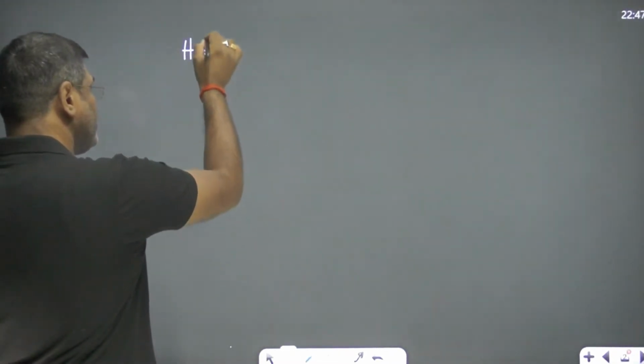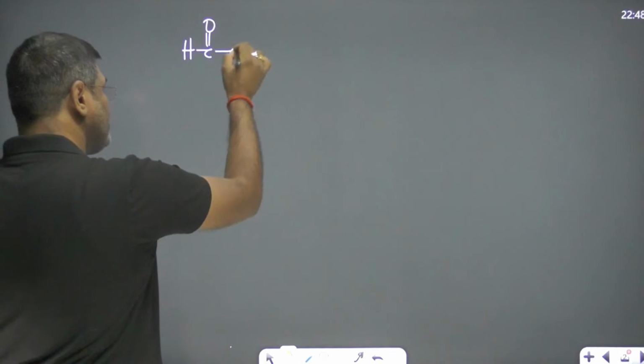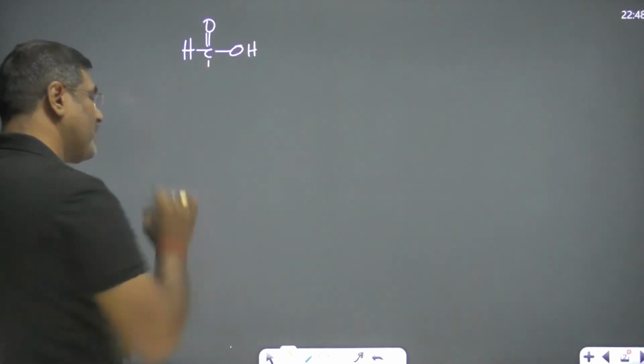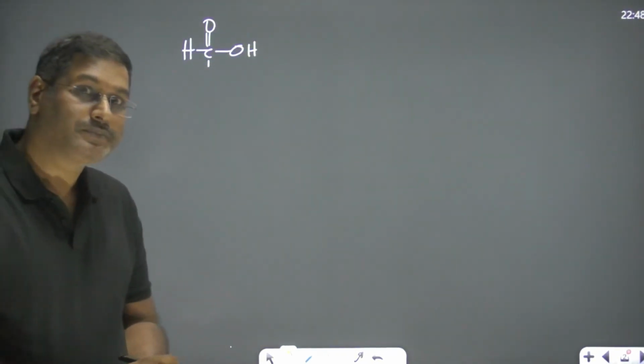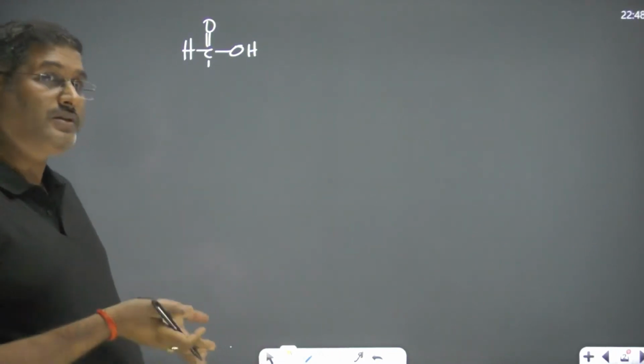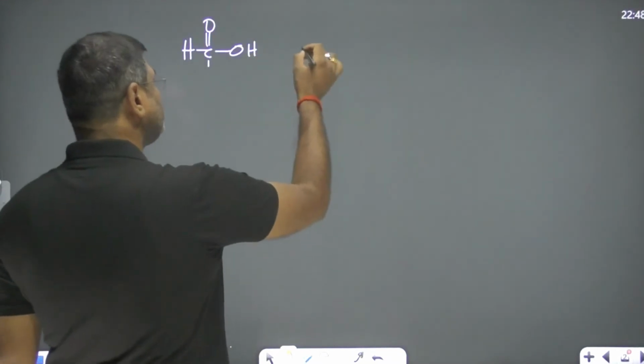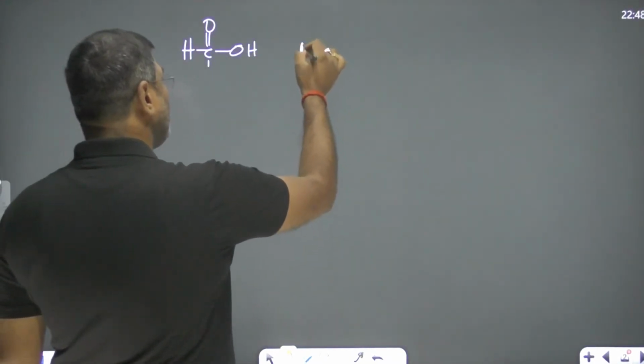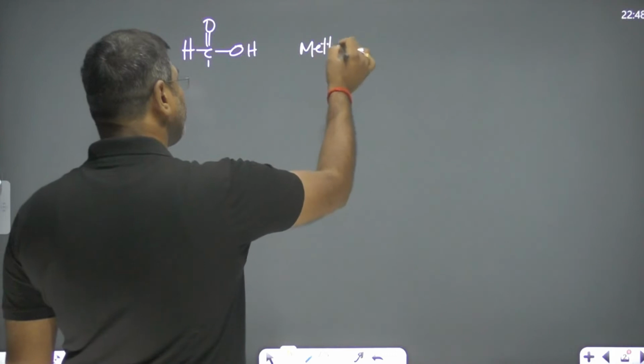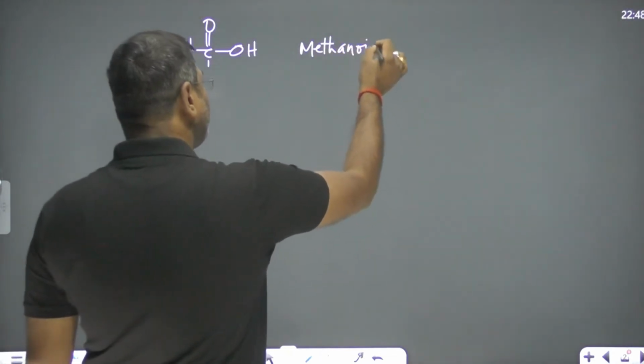H, C double bond O, OH. It contains 1 carbon atom, and we consider this the chain. So this one is methanoic acid.